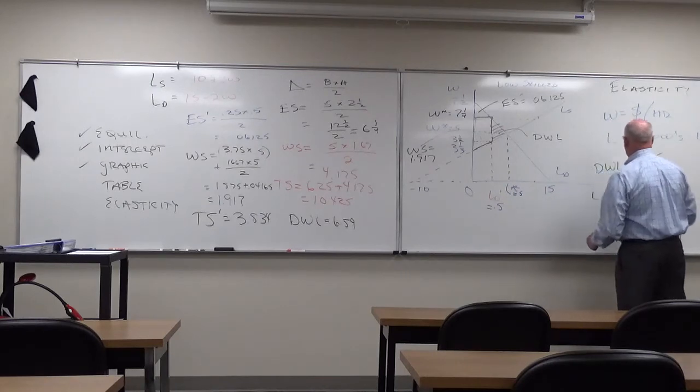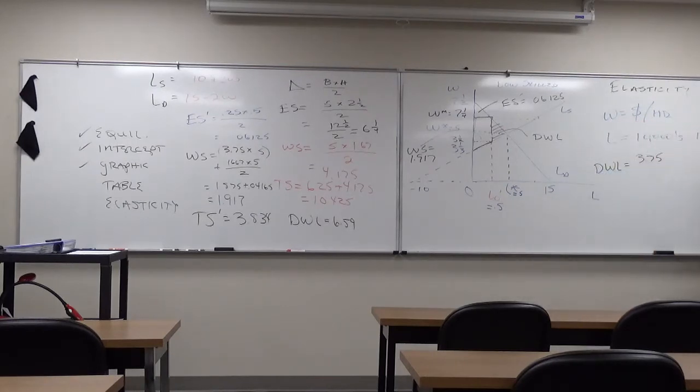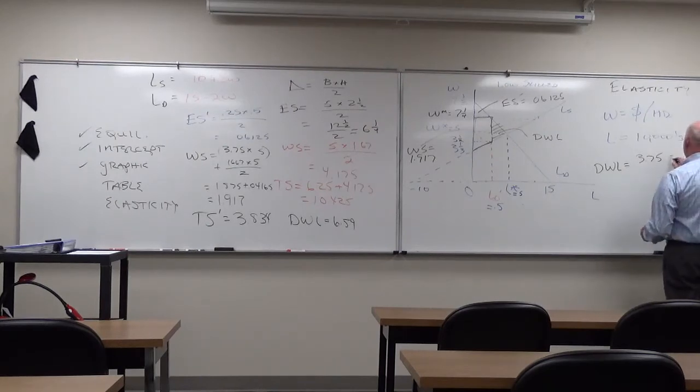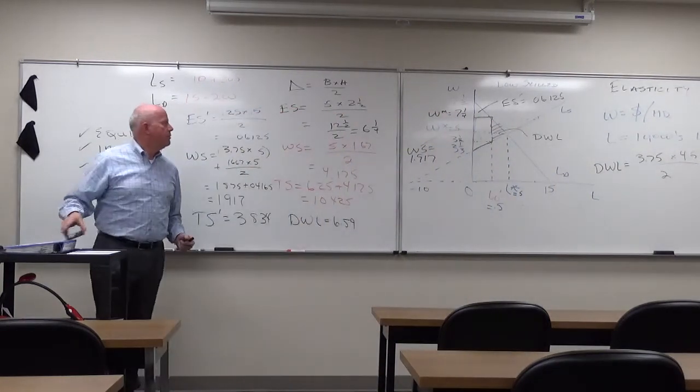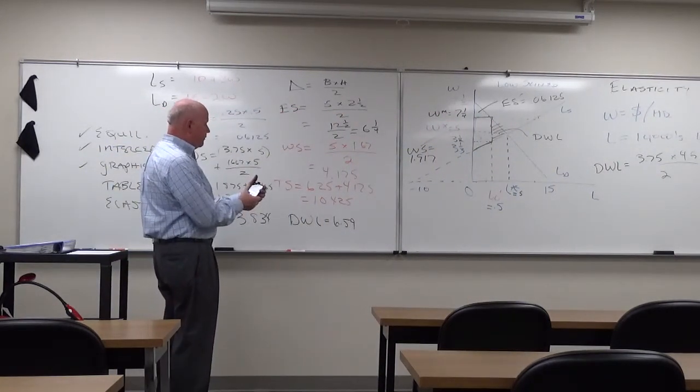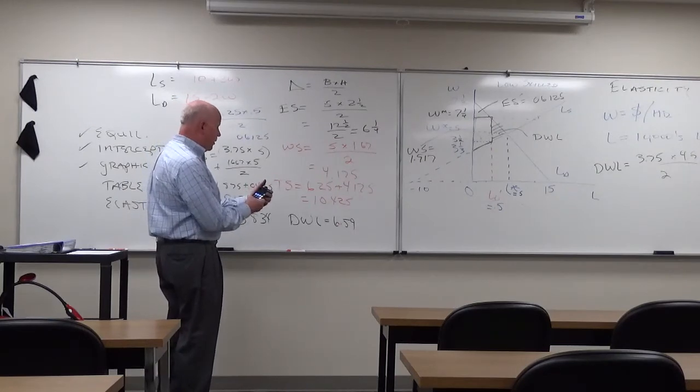So this is a new equation for deadweight loss: 3.75 times 4.5 divided by 2. Let's see if it gives us the number that we think it gives us.